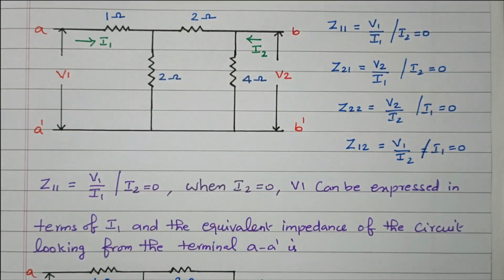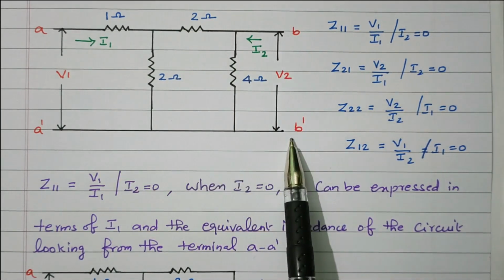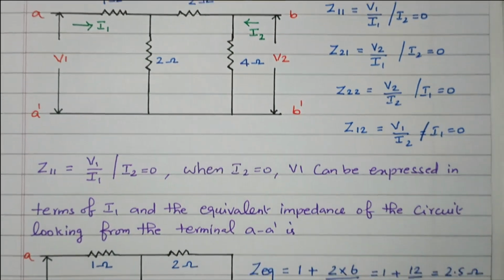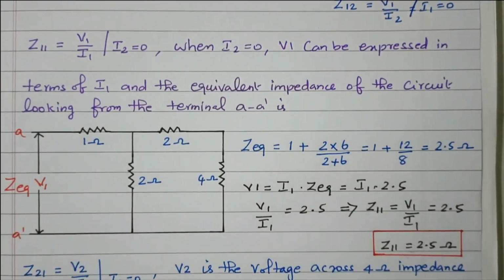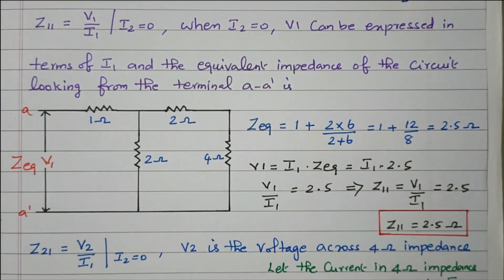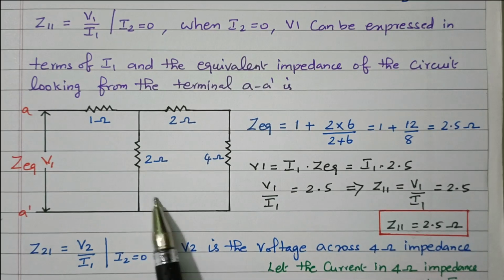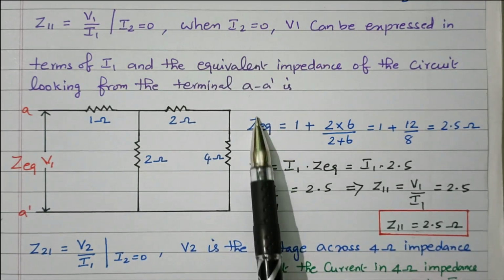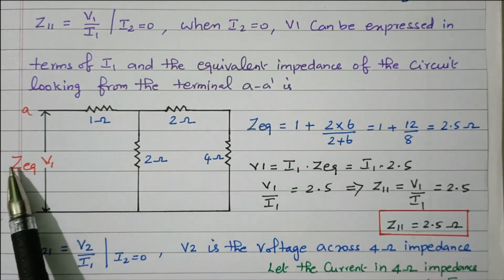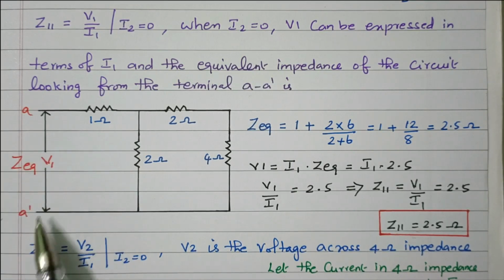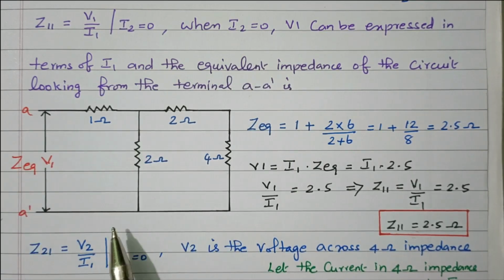We will see the equivalent circuit after making B dash open circuit. So this is the equivalent circuit by making B dash open circuited. So only A dash is considered. These four resistors are available.